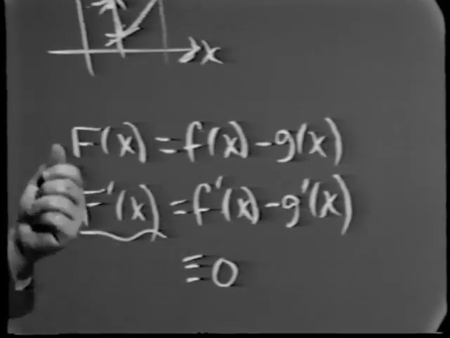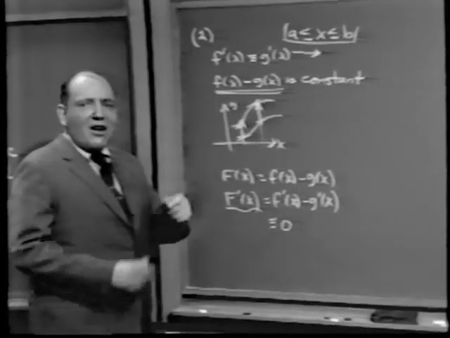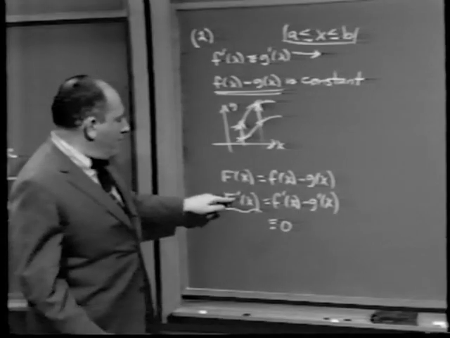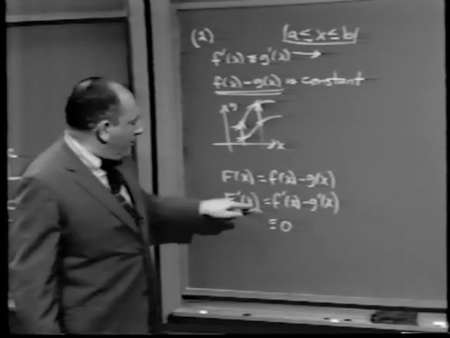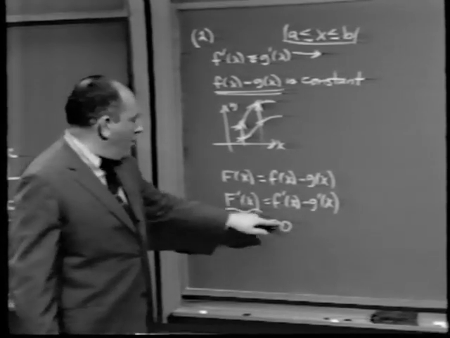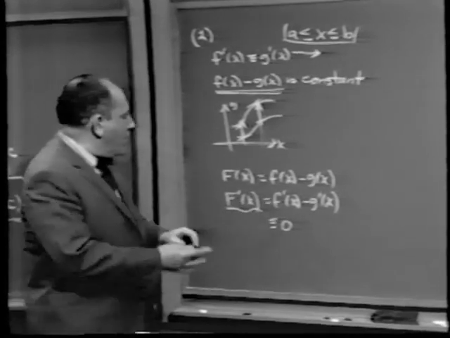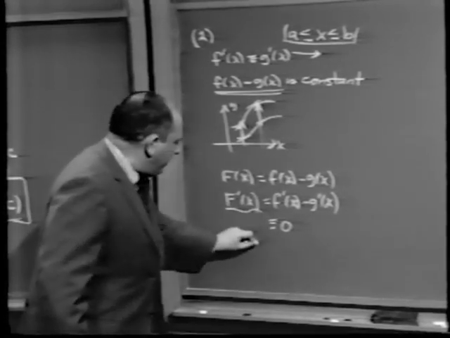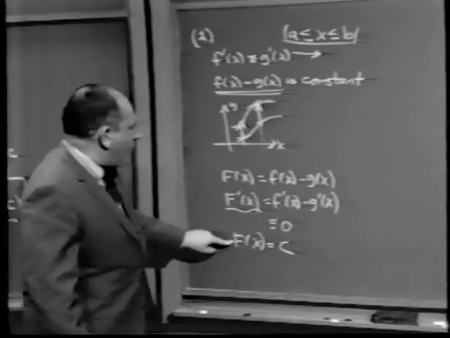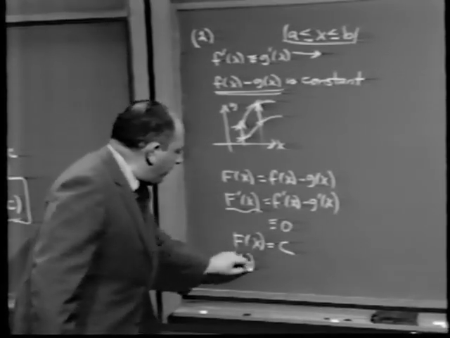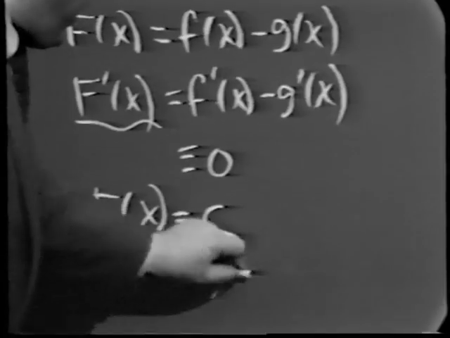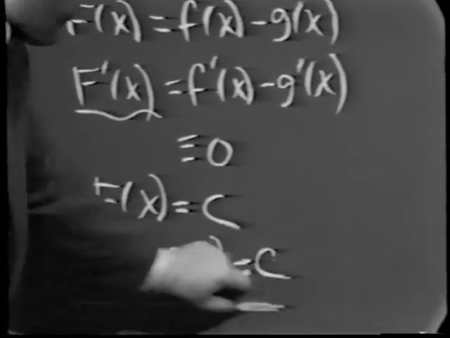And by our previous theorem, notice the beautiful logic of this. From the mean value theorem, we prove that if the derivative of a function is identically 0, the function must be a constant. So we apply that here. But what was capital F? It was little f minus g. And that proves our desired result.